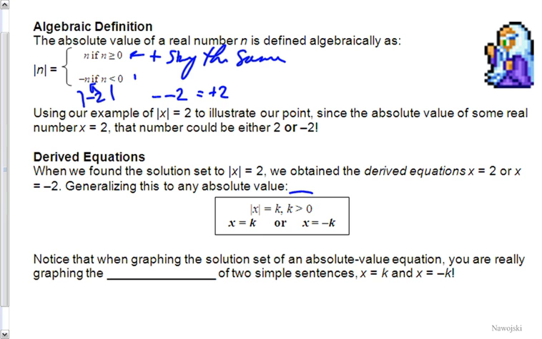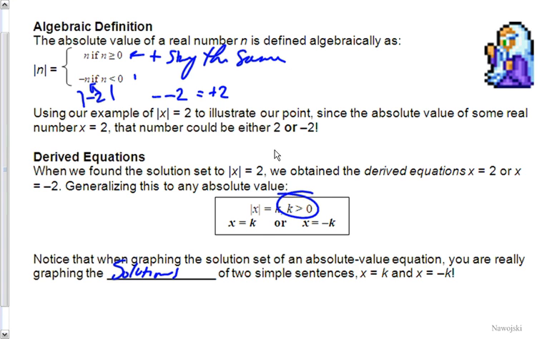Notice how I say k is greater than or equal to 0. What happens if you have an absolute value equal to a negative number? We're going to get to that question in a little bit. Okay, and you're going to see, guess what? Can it happen? Think about it. Can't happen. Notice when you graph the solution set of an absolute value, you are really graphing two little solutions. Okay.